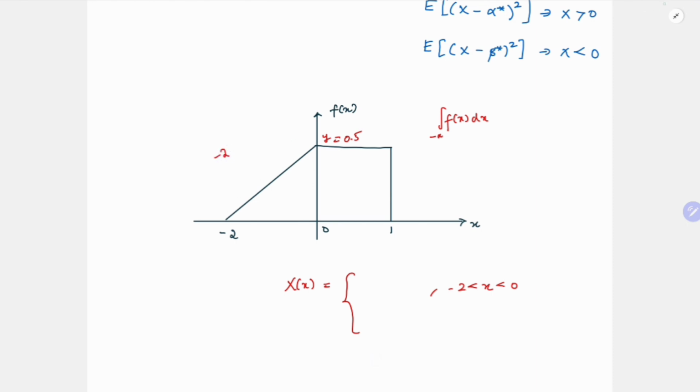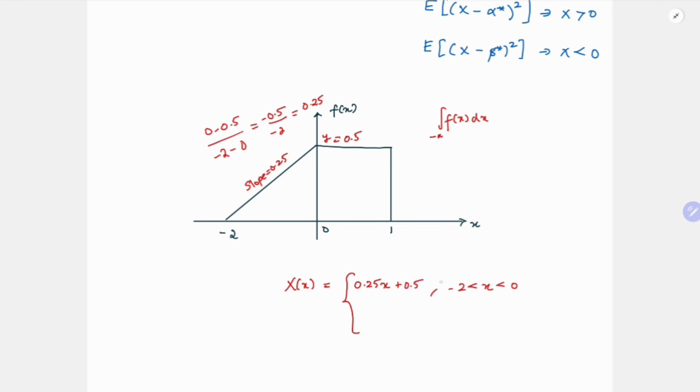It is -2 minus 0, and on the y-axis we have 0 minus 0.5. So this is nothing but minus 0.5 by -2, which is equal to 0.25. So the slope is 0.25, and it has an intercept of 0.5. So it is 0.25x plus 0.5.